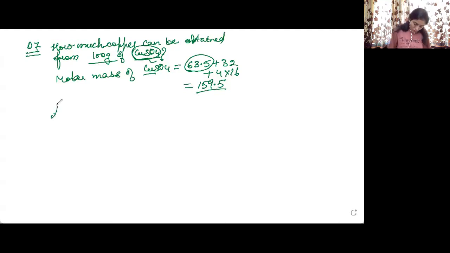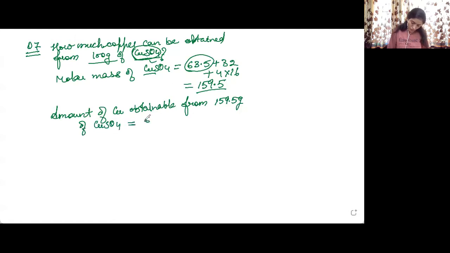So amount of copper obtainable from 159.5 gram of copper sulfate is equal to how much? 63.5 gram. Therefore, amount of copper obtainable from 100 gram of copper sulfate is equal to 63.5 upon 159.5 multiplied by 100.